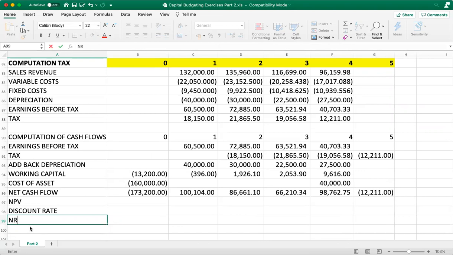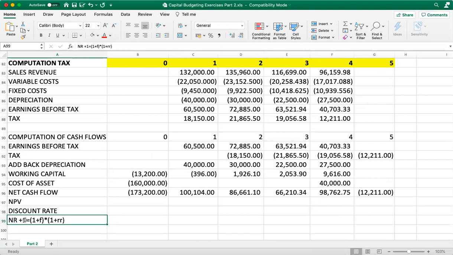So nominal rate plus 1 will give you 1 plus F multiplied by 1 plus the real rate, which is RR. And for our case, RR is 7.7%. But what you require is the nominal rate.